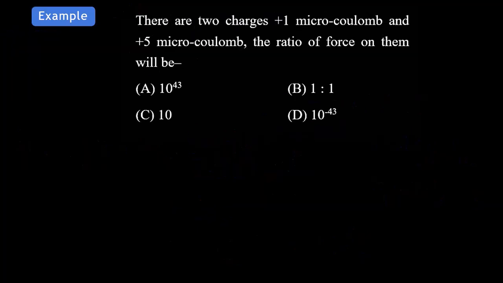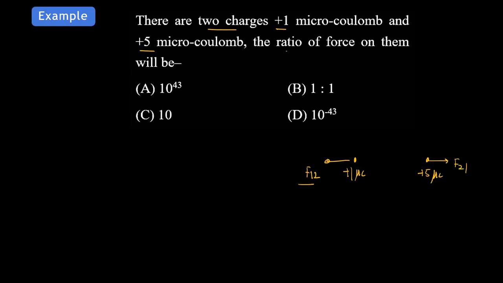Now, there are two charges, both are the same sign, 1 microcoulomb and 5 microcoulomb. The ratio of force on them. That means if I see, plus 1 microcoulomb charge is there, another charge plus 5 microcoulomb is there. So on one particle, say F12 is acting, on the other particle F21 is acting.